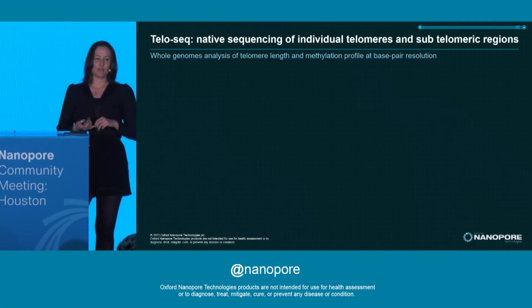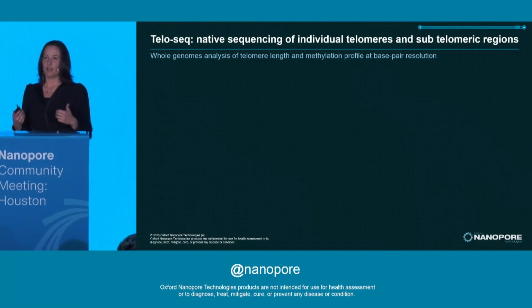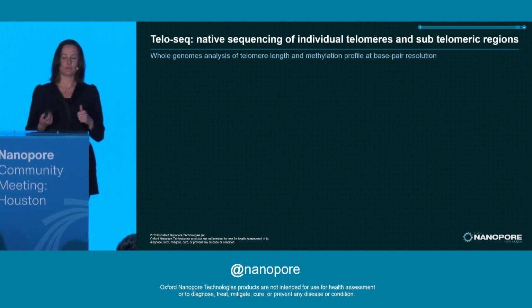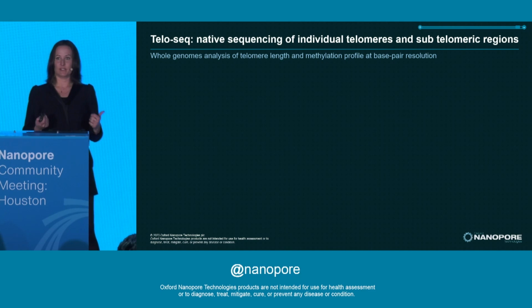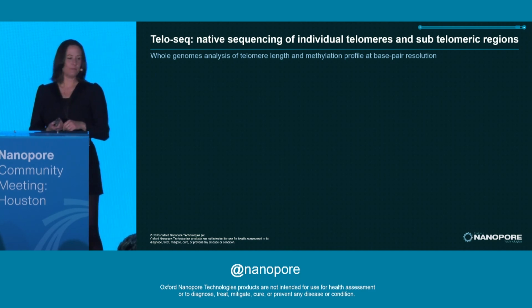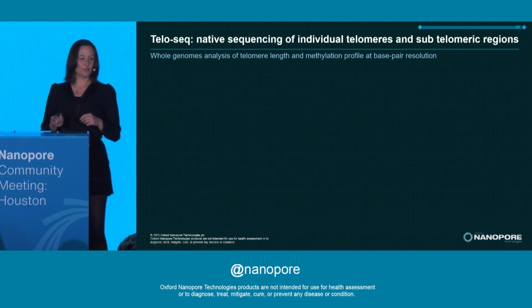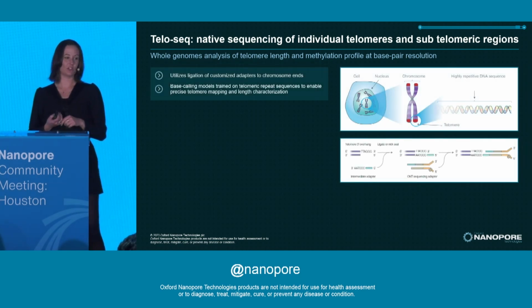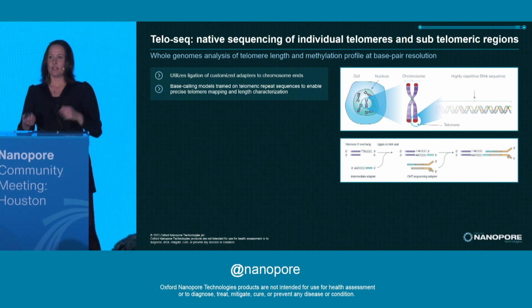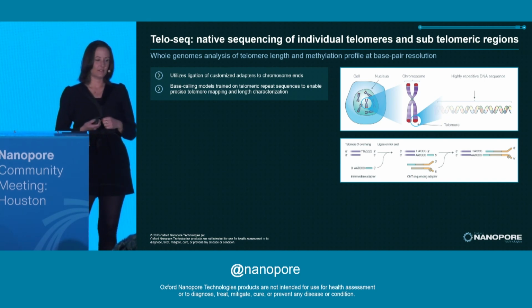The last thing I wanted to end with is going back to the T2T assemblies. So if you're interested in telomeres and subtelomeric regions, you can do a T2T assembly, and you can count the telomeres and look at the telomeres that way. But we've also generated a new sequencing method called Telo-seq that takes a custom adapter and enriches for the telomeric sequences.